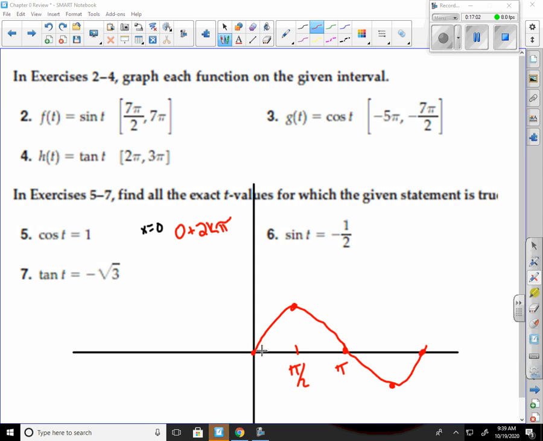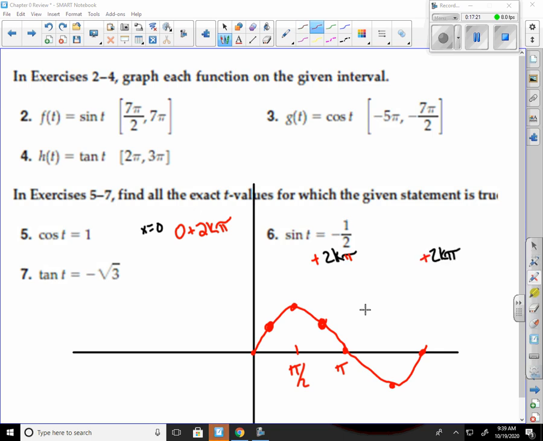You know what I meant. So we are going to hit 1/2 here and here, and that's going to be on a continuous cycle. So whatever our first value is, plus 2k pi, and whatever our second value is, plus 2k pi.